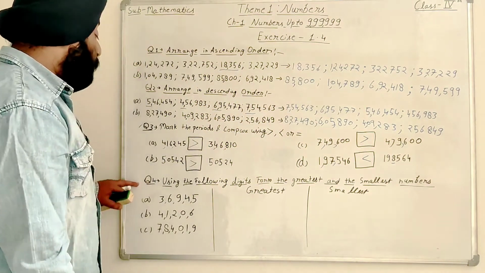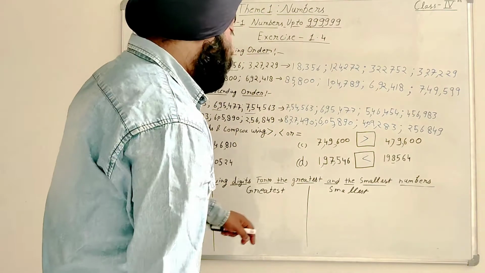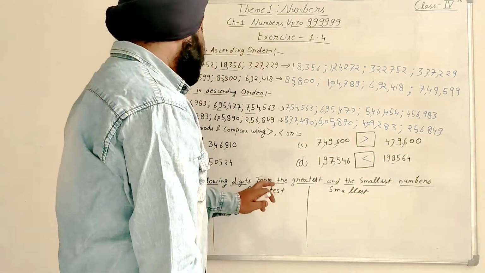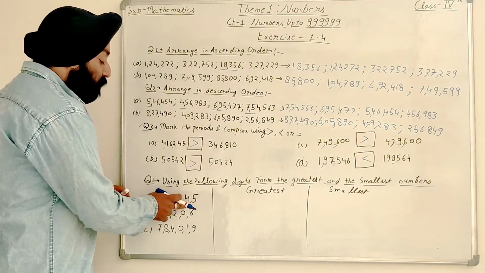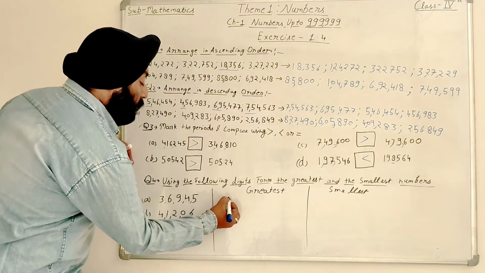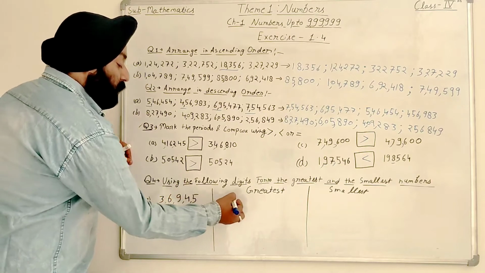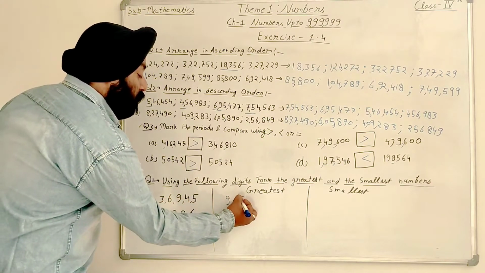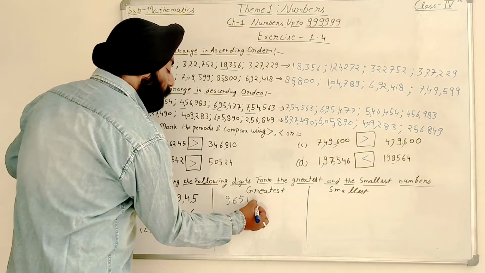Now question number 4. Form the greatest and the smallest number with the help of these digits: 3, 6, 9, 4, 5. So first we have to write the greatest number. The greatest digit is 9, then 6, then 5, then 4, then 3.